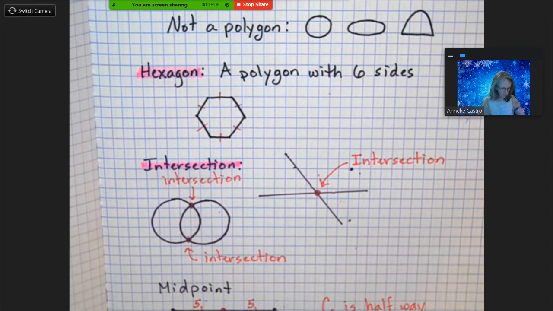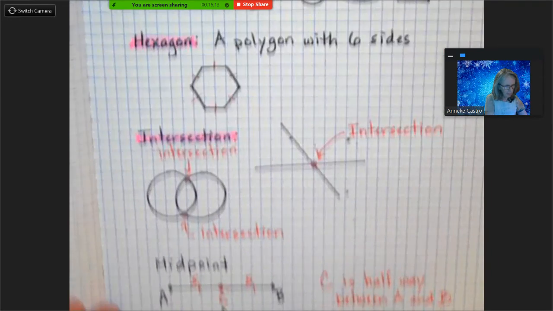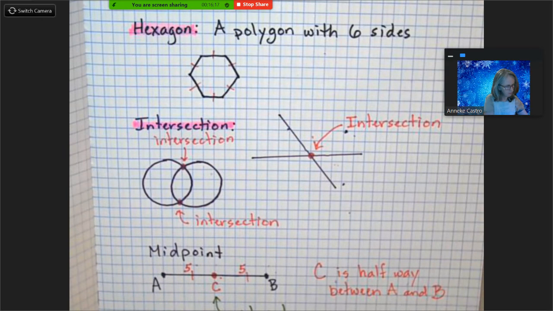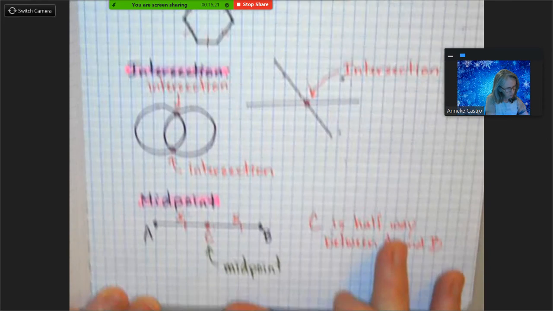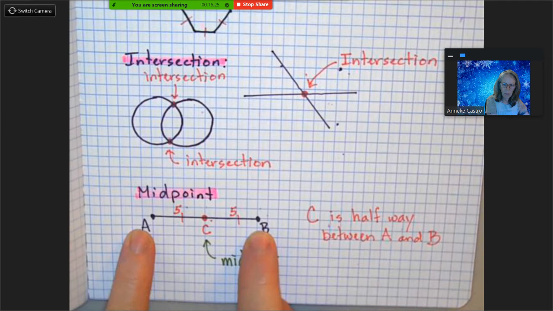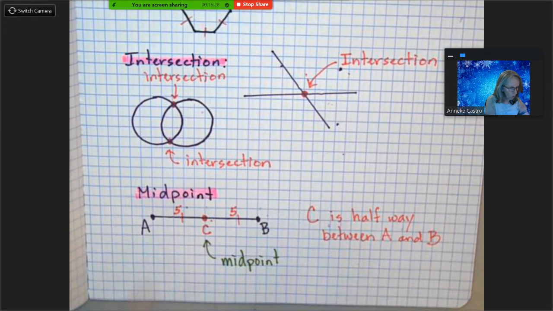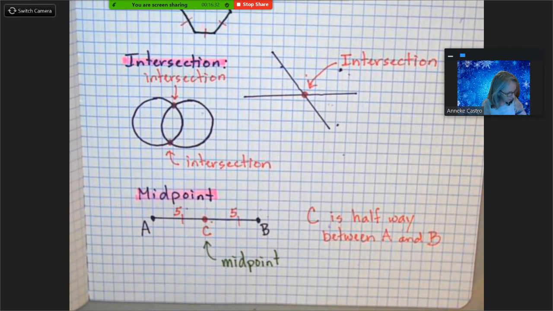Okay, and the last word for our notes today is midpoint. If I have the segment AB, and notice I made it 10 units long. 1, 2, 3, 4, 5, 6, 7, 8, 9, 10.